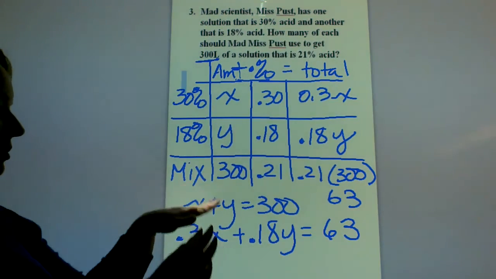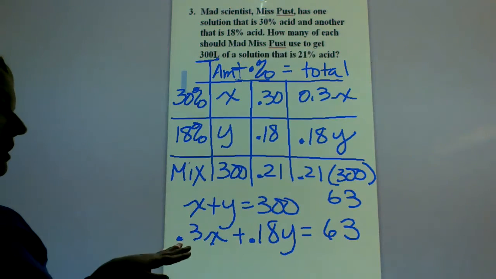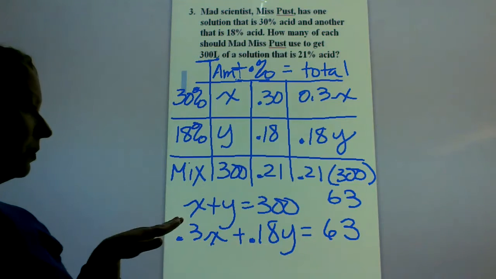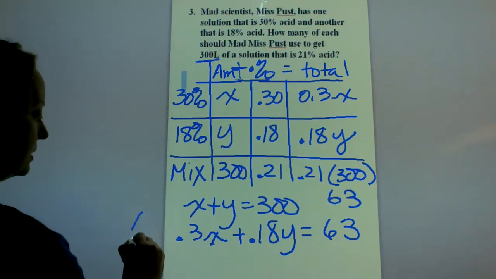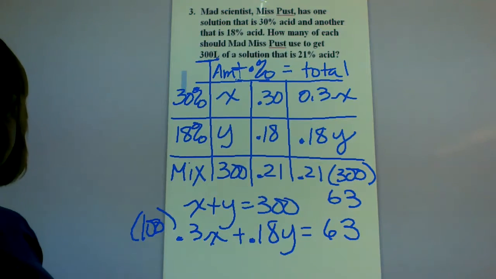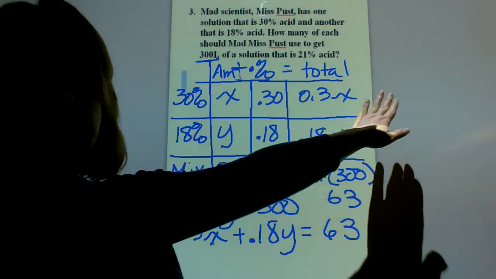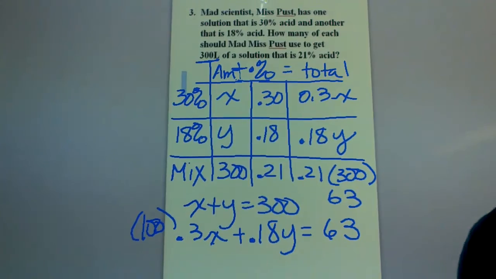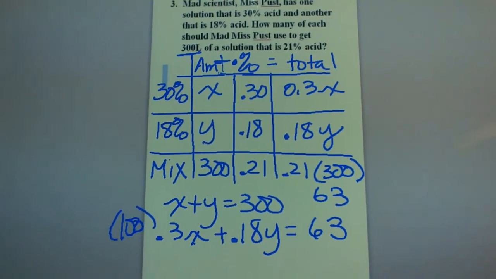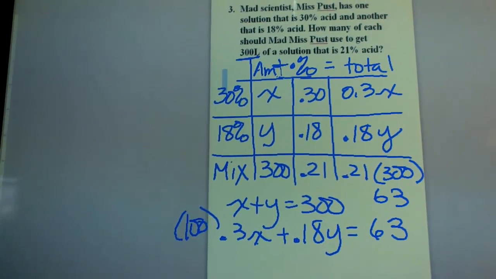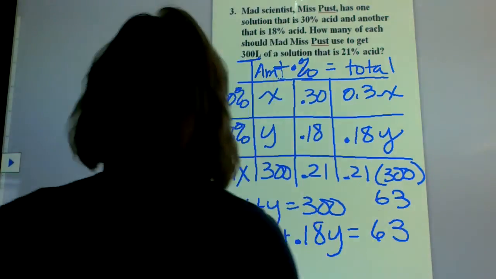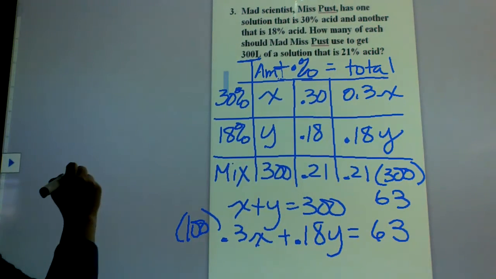Okay, so now you have your two equations, and the first thing I want to do is multiply this by 100 so I can get rid of those decimals. So I'm going to move over here, and I'm going to work the problem out for you. Actually I'll move over to this side because I think you can see better over here.